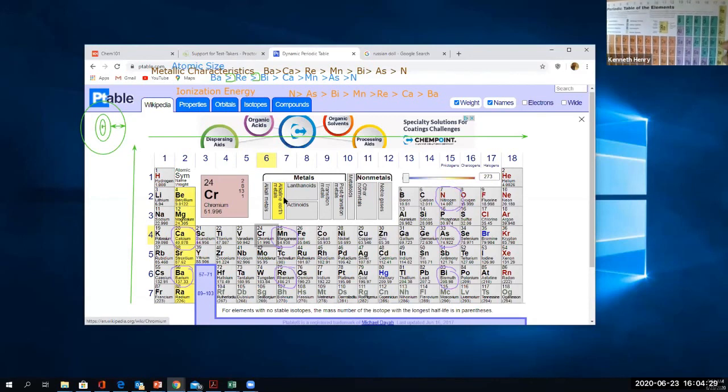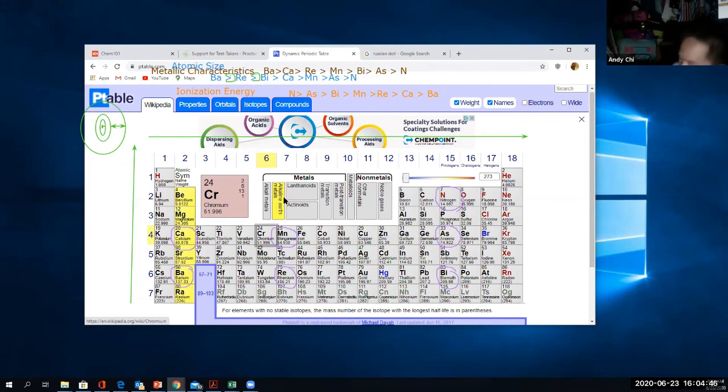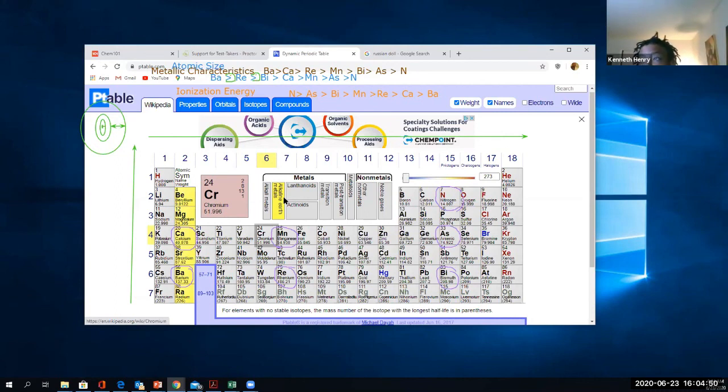Every periodic table is going to have a different way of representing it, so you just have to pay attention to the periodic table you're looking at. Don't just memorize colors, because on one table it's going to be blue, on another it's going to be gold. So you can't just make those assumptions. Pay attention to the periodic table you're looking at. Any other questions?